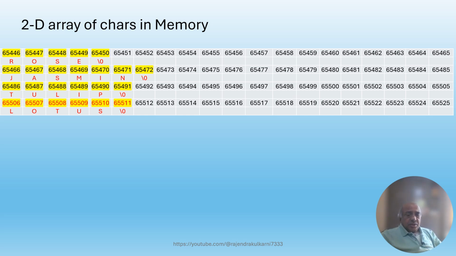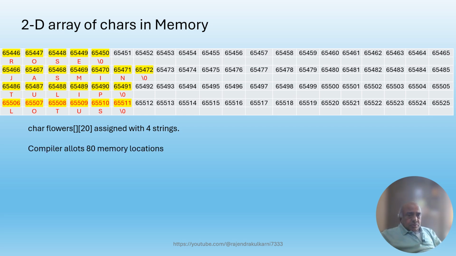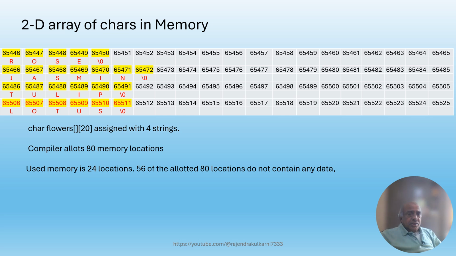Balance 13 memory locations will be blank. Similarly for the next two 1D strings assigned to the 2D array of strings. So the compiler will allot 80 memory locations. Out of these 80, 24 are actually occupied.